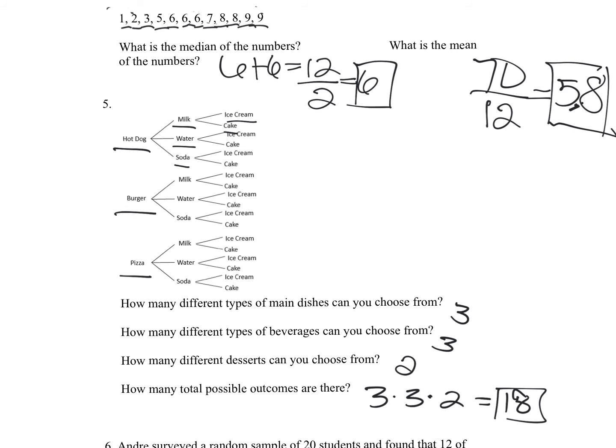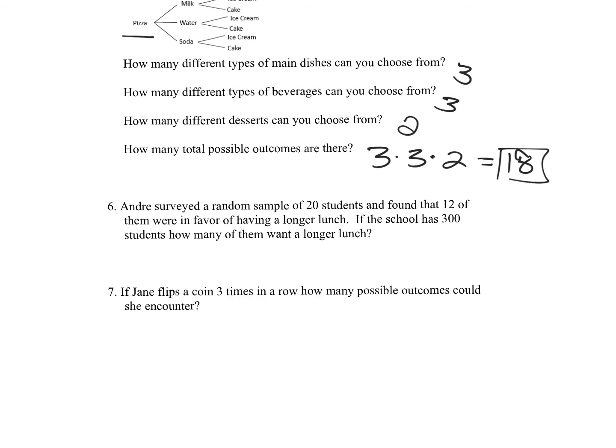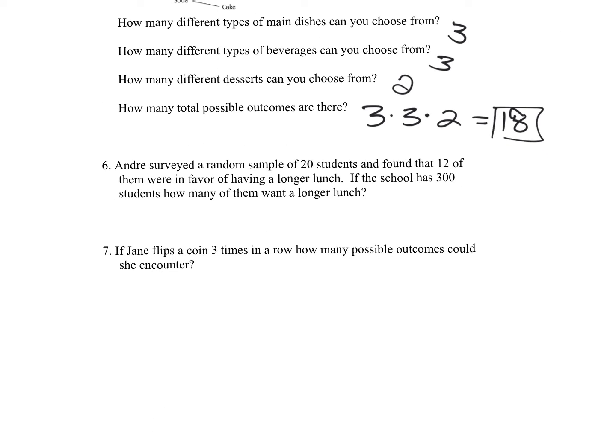All right. Number 6. Andre surveyed a random sample of 20 students and found that 12 of them were in favor of having a longer lunch. If the school has 300 students, how many of them want a longer lunch? So my probability, or my proportion, is 12 want a longer lunch out of 20 total.